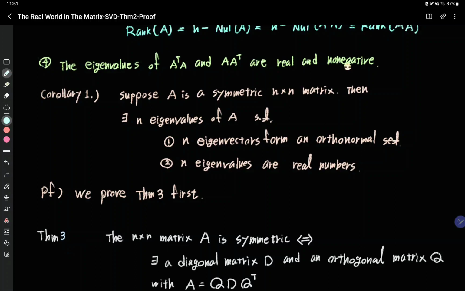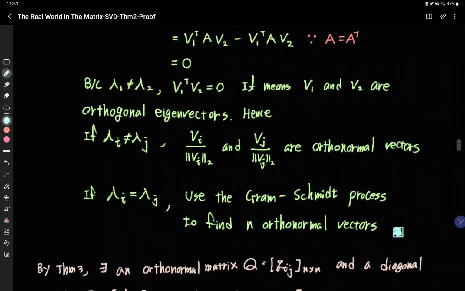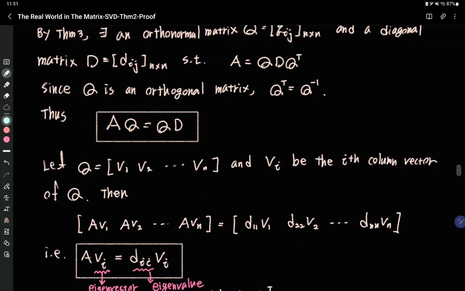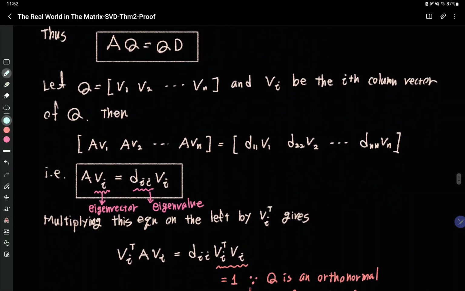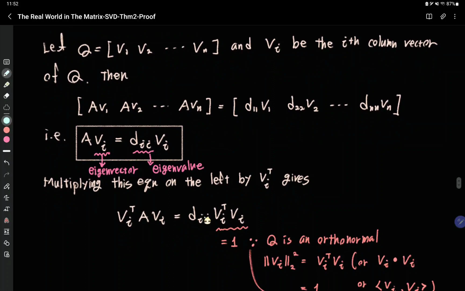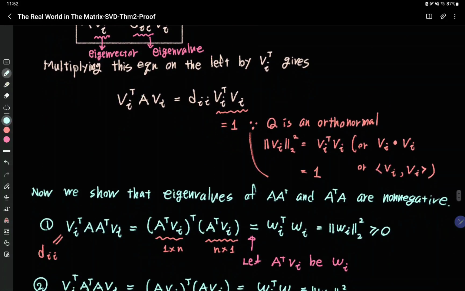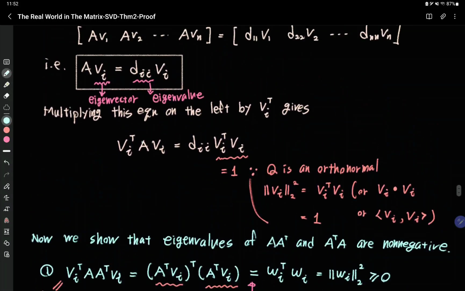And to prove that the eigenvalues of A transpose A and A A transpose are non-negative, I used theorem 3, expressed the diagonal entry like this, and then replaced A by A transpose and A transpose A. So I proved that the eigenvalues of these two are non-negative. Okay, all right, that's for today.